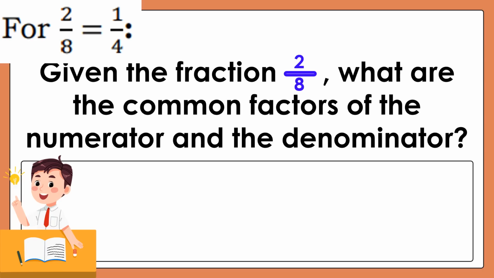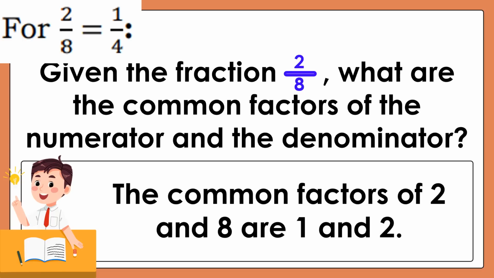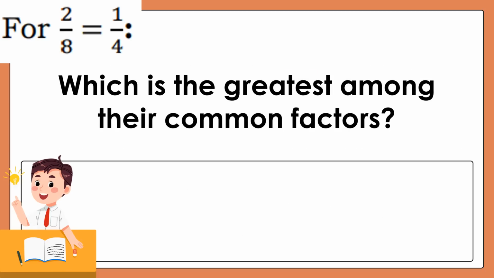For 2/8 is equal to 1/4, given the fraction 2/8, what are the common factors of the numerator and the denominator? The answer, the common factors of 2 and 8 are 1 and 2. Which is the greatest among their common factors?